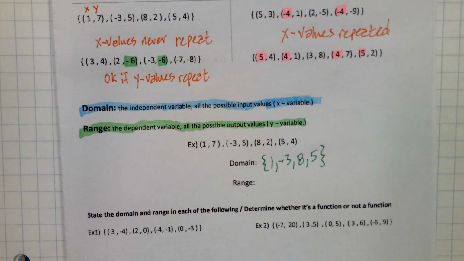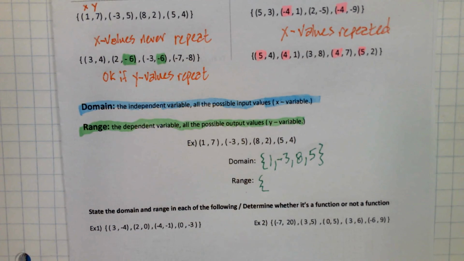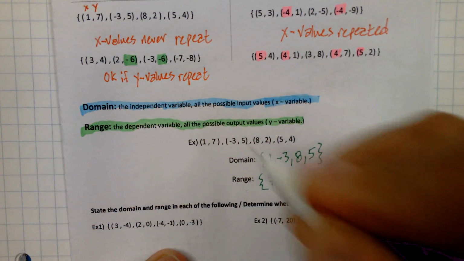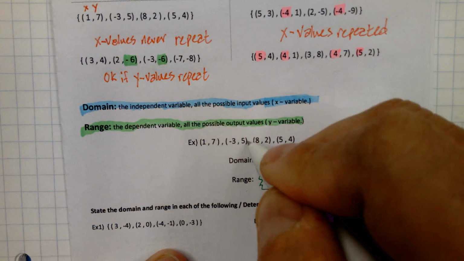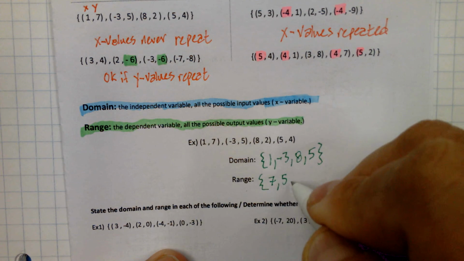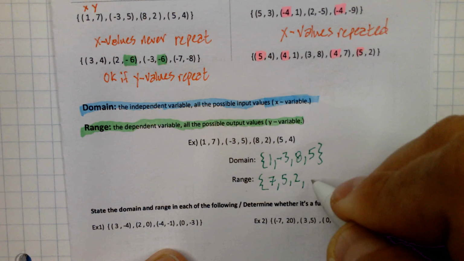Okay, let's do the same thing with a range. Okay, so that's going to be 7, right? Then we have 5, and then 2, and then finally 4.